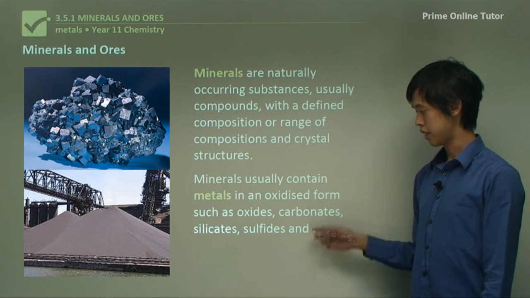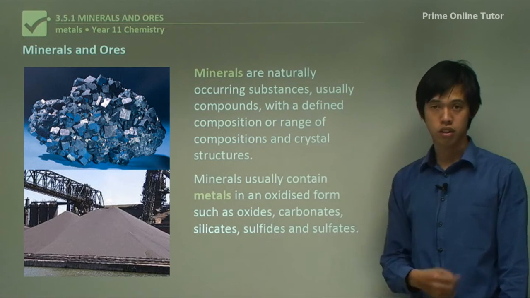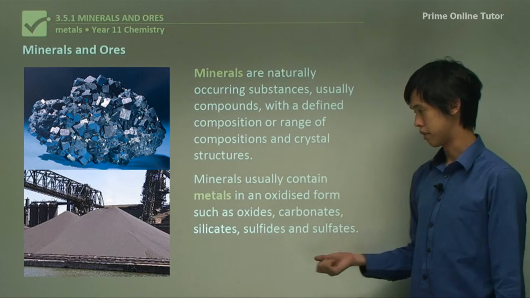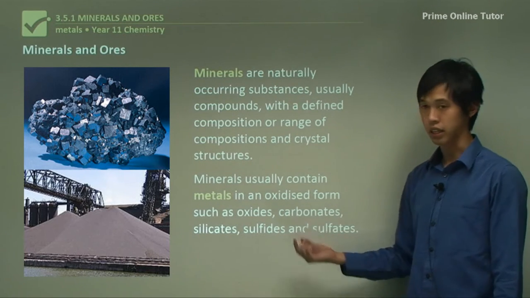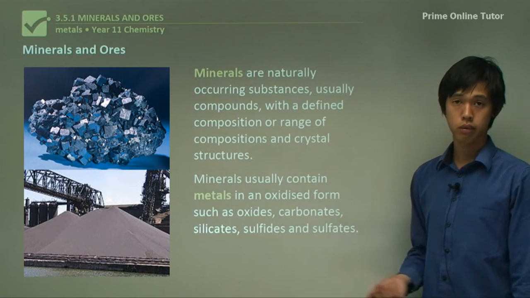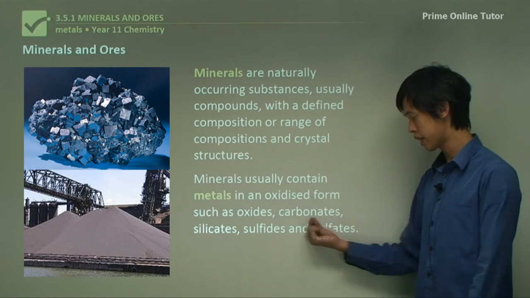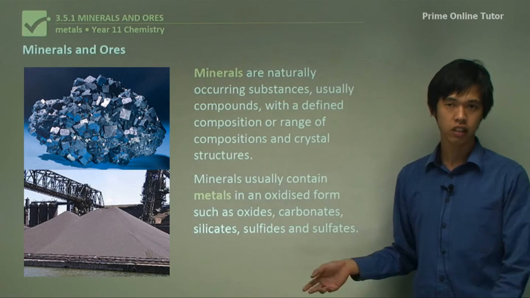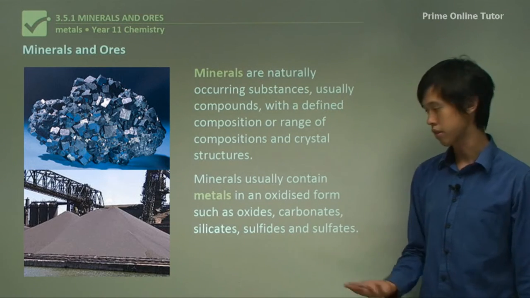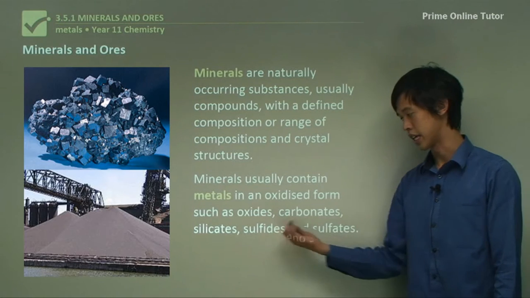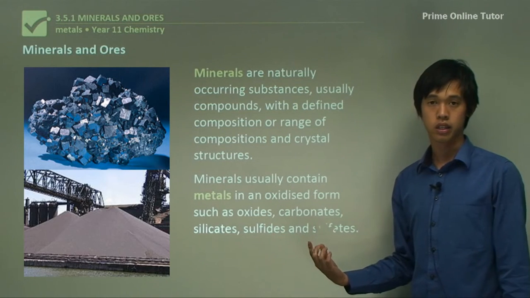You could have iron oxide, which is like rust. You can have all sorts of different carbonates, like limestone, which is calcium carbonate. So you can have lots of different types of minerals based on a metal being bonded to any one of these substances.